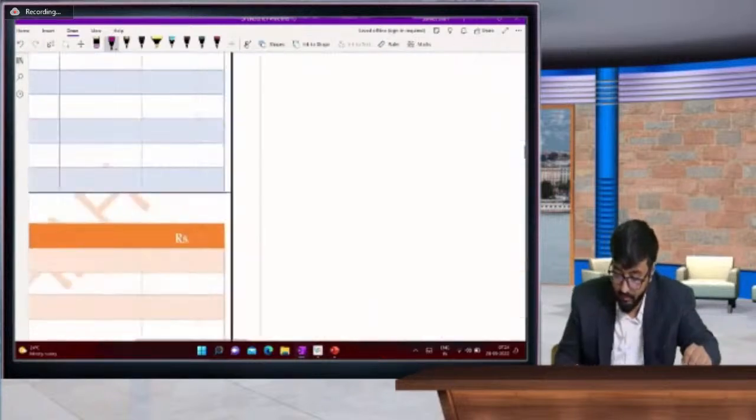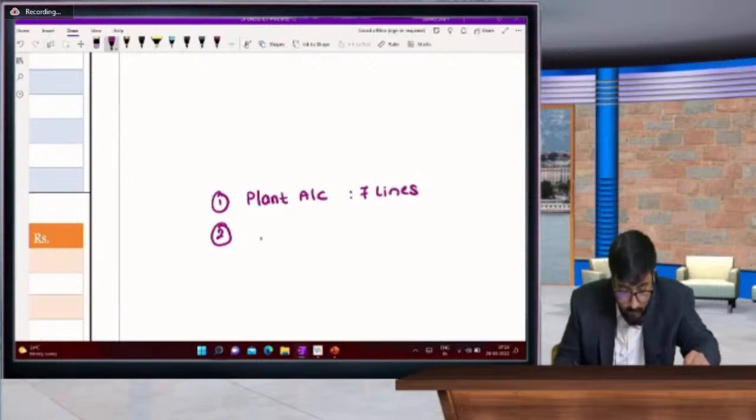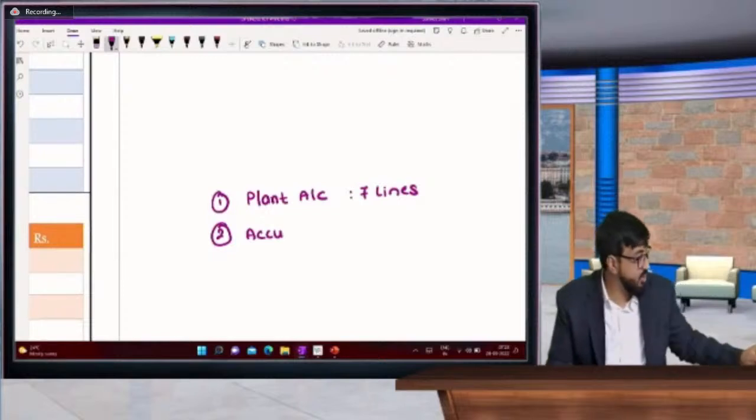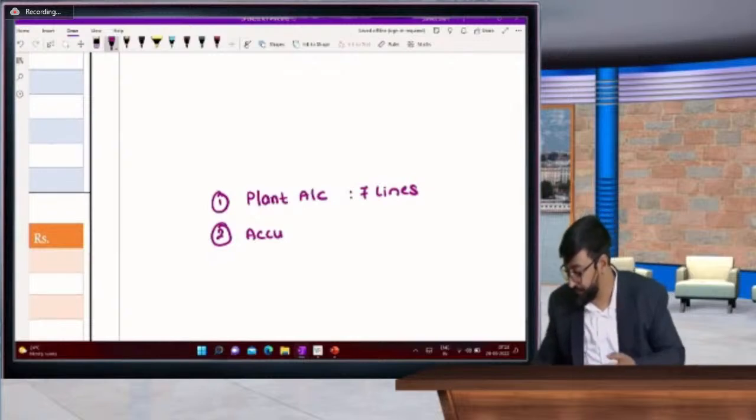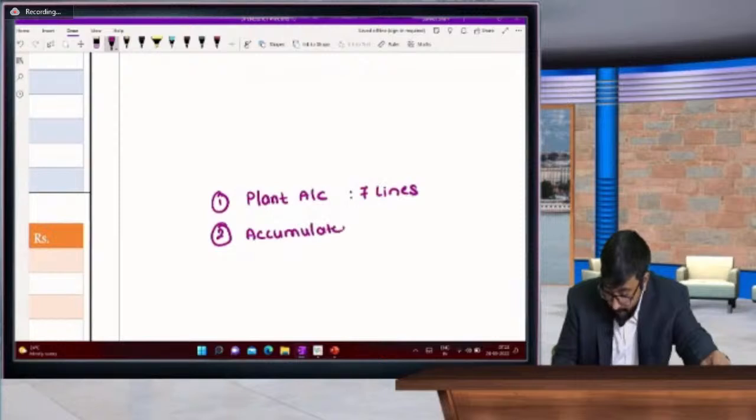Start 1. Now accounts, plant account, seven lines. Accumulated depreciation, six lines.